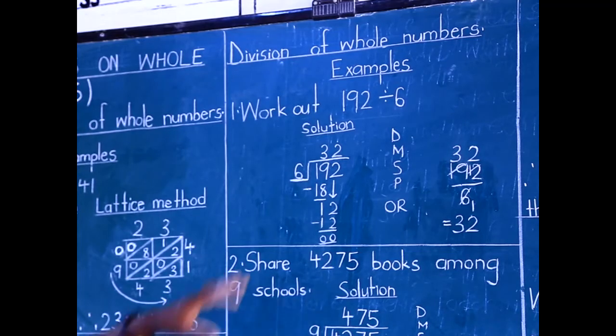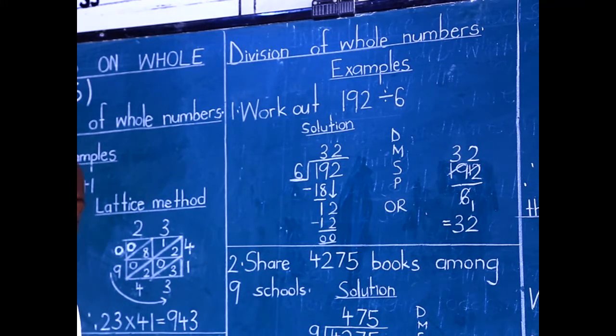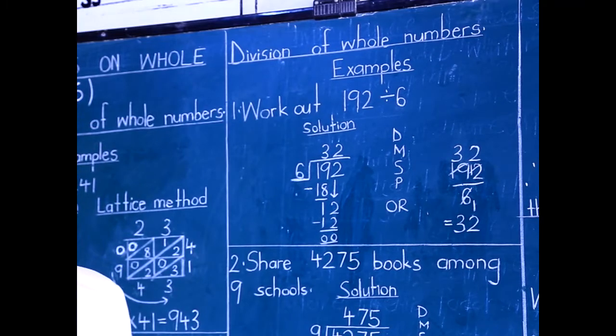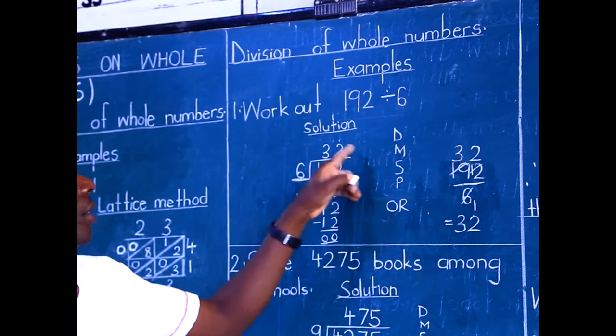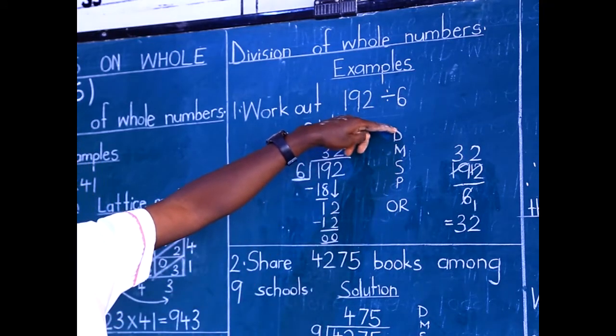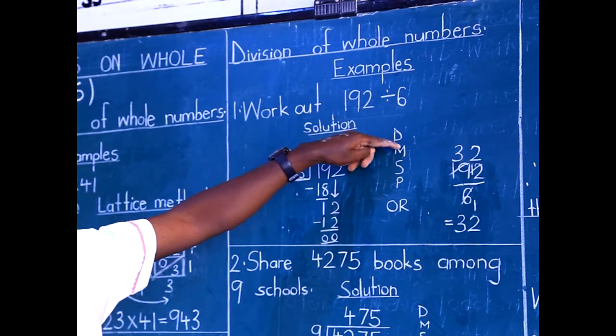But now it's better to know long division, and the other one will also be very easy for you at last. Now, long division. If one is to succeed in dividing in a long style, one must put these letters, that's DMSP.